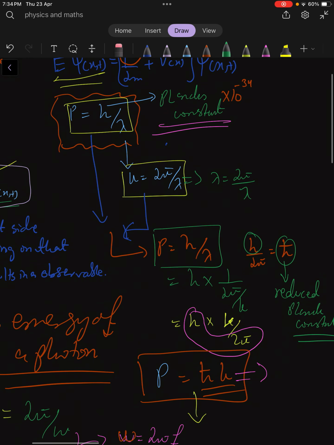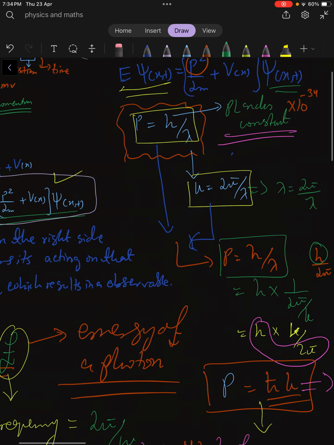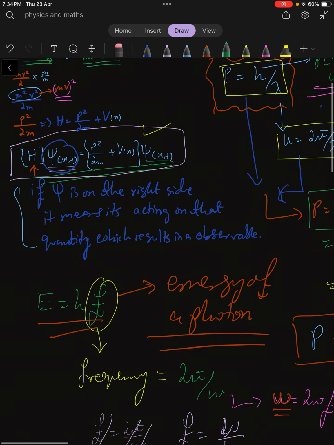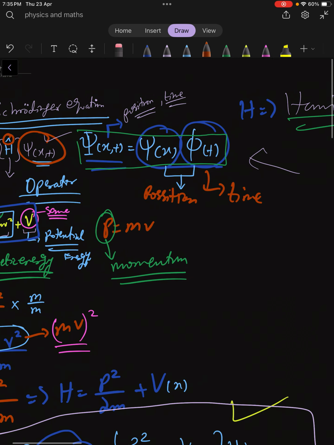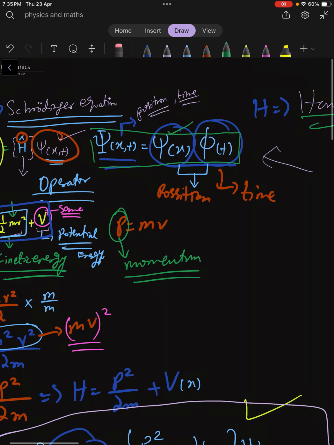Many times I wrote psi, again and again, but I never wrote what psi is. And then you would say, what psi is actually this, right? This split form, but it's not what psi is. Psi stores the position and time of that system.